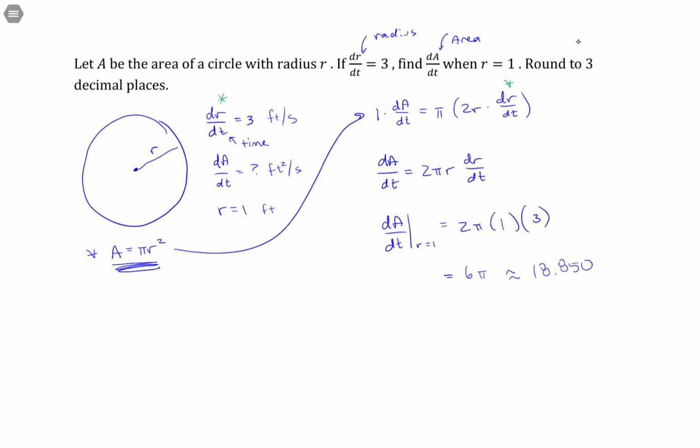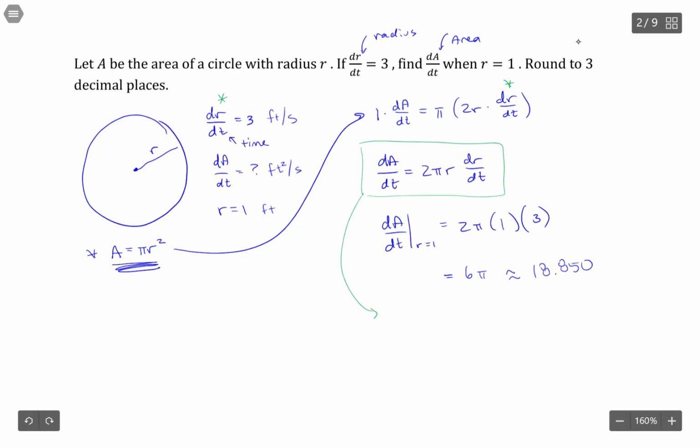So if we look at the units of measure in this formula here, dA/dt is square feet per second because it's area changing per unit time. 2 pi is just a constant. It doesn't have a unit of measure. R is feet. Now, most students who have a problem in this question don't know that they need to have this value here, and they just differentiate pi r squared as they would normally, but that's something different.